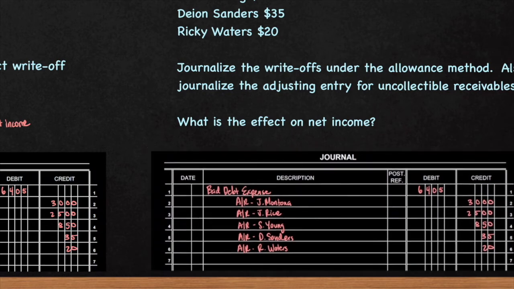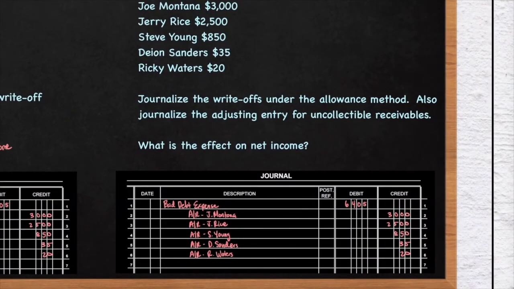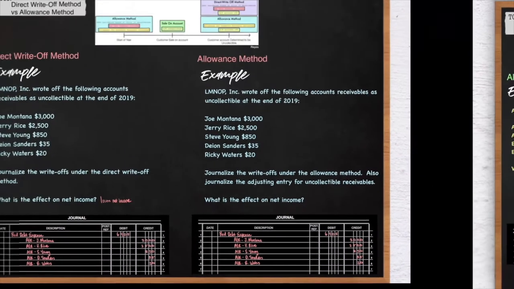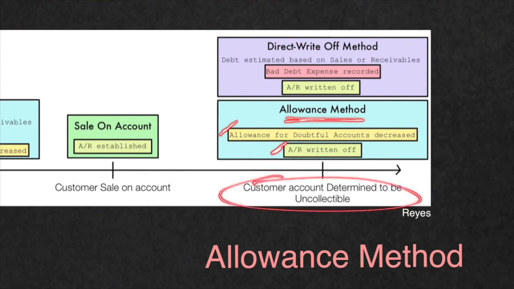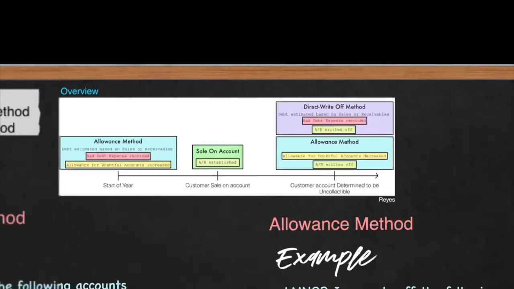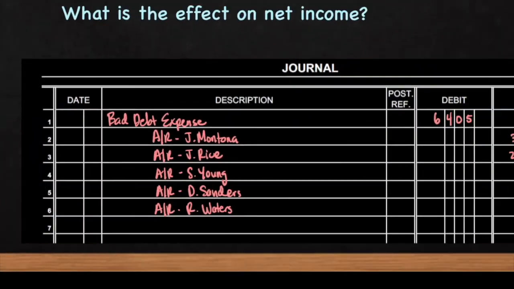Why am I doing that? Because no matter what, you're still going to write off the accounts receivables and make them zero because you're writing off their accounts and they cannot be collected, and you don't want open accounts if you can't collect on them. The only difference when you write off accounts under allowance method is instead of debiting bad debt expense, you debit allowance for doubtful accounts because previously you already recorded the bad debt at the beginning or before the beginning of the period.